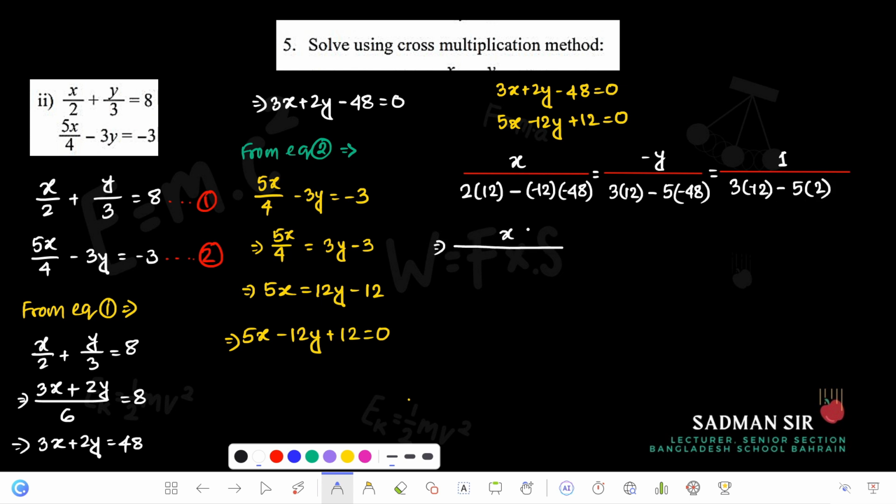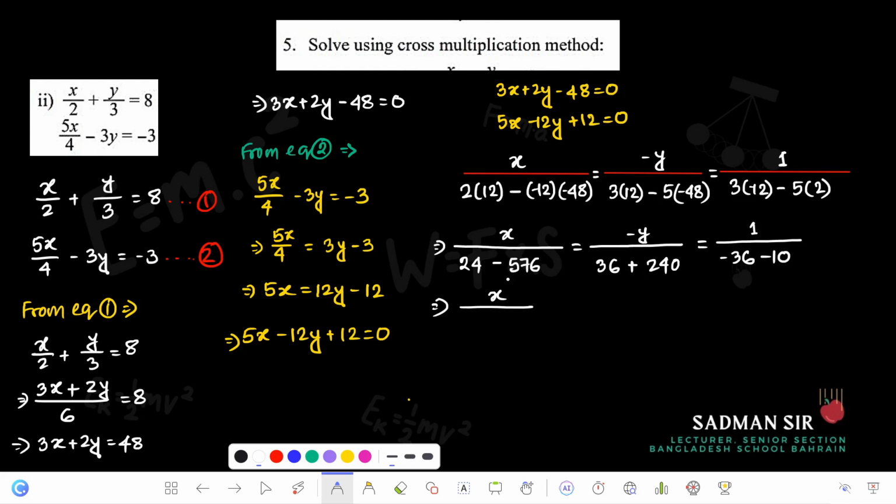The calculation 2 into 12, it will be 24 minus minus 2 into 12. Here I think you can carry out the rest of the calculation. 576, and they are on opposite sides, right?